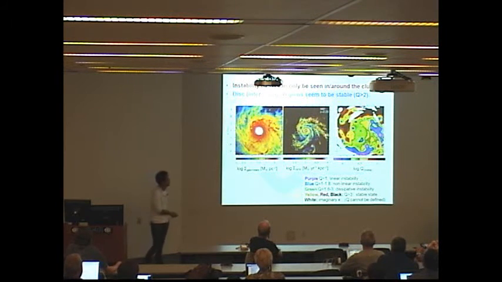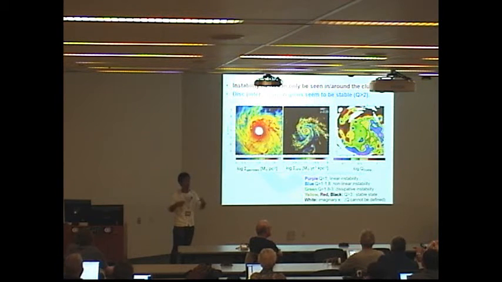So, okay, let me explain the color indication. The purple color indicates Q smaller than 1, in which gravitational contraction happens in a linear fashion. So linear instability is purple in these regions. And the blue region indicates a Q value lower than about 1.8.